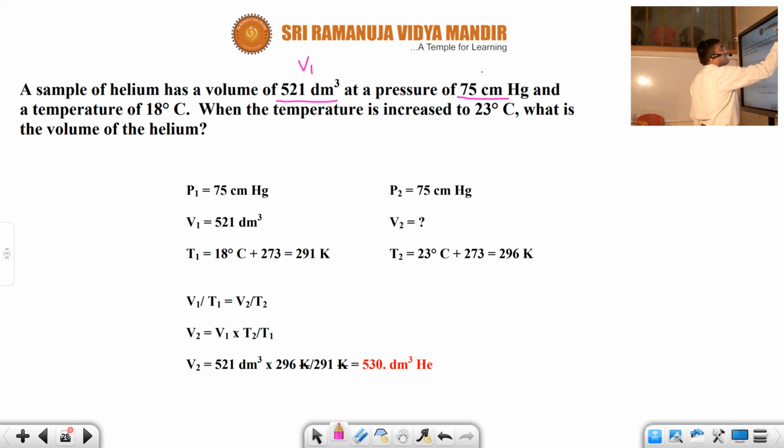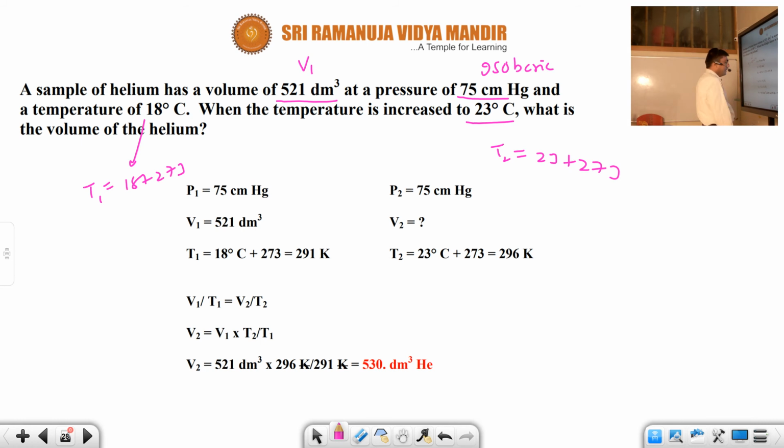So at isobaric condition, constant pressure, and temperature is given at 18 degrees, that is T1 is equal to 18 plus 273 Kelvin. When the temperature is increased by 23, that is T2 is given 23 plus 273. Naturally, the V2 will be how much? You just calculate, you get 530 decimeter cube or liters.